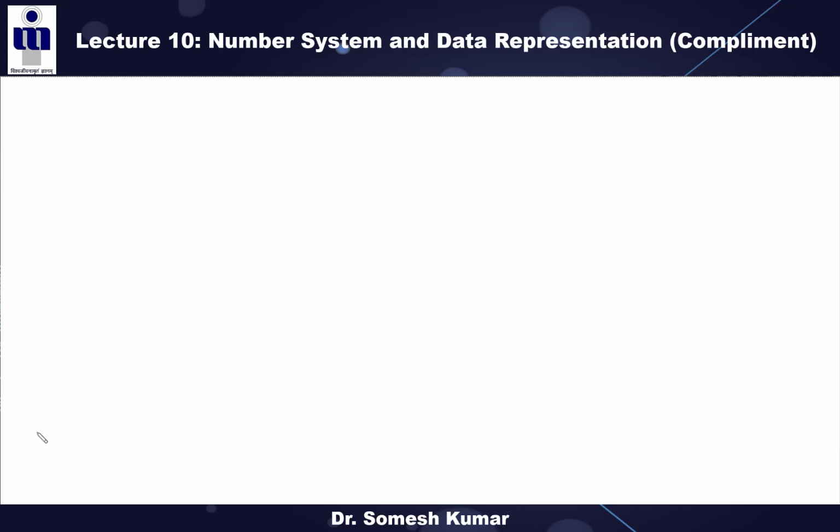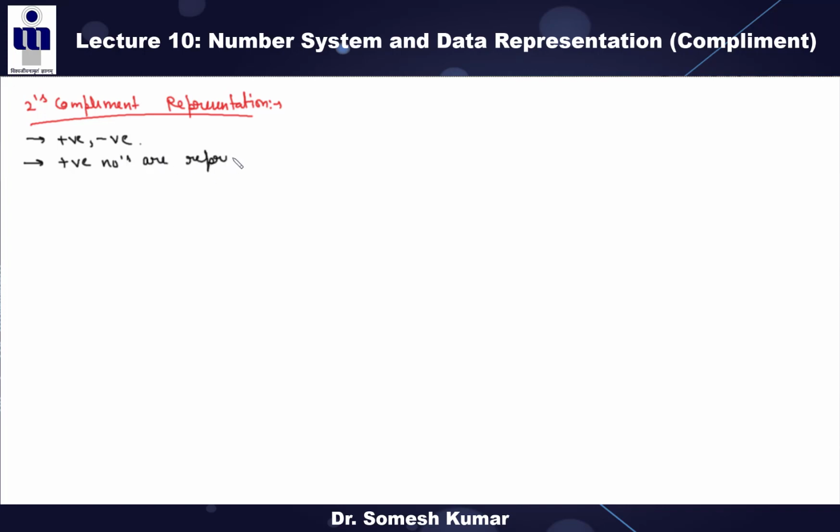So now we will discuss the 2's complement representation. The first thing is, it is used for both positive and negative numbers, right? Similar to 1's complement, positive numbers are represented as normal binary numbers with MSB 0.